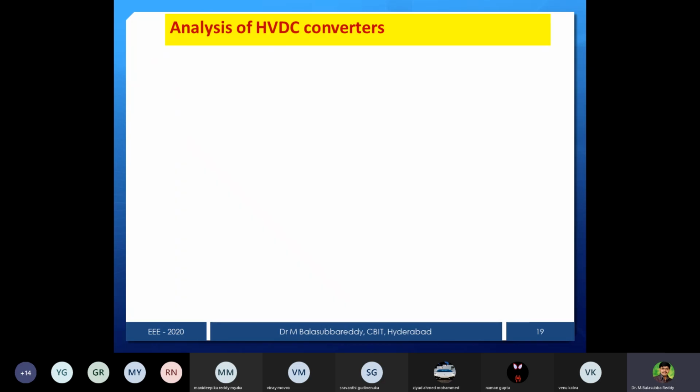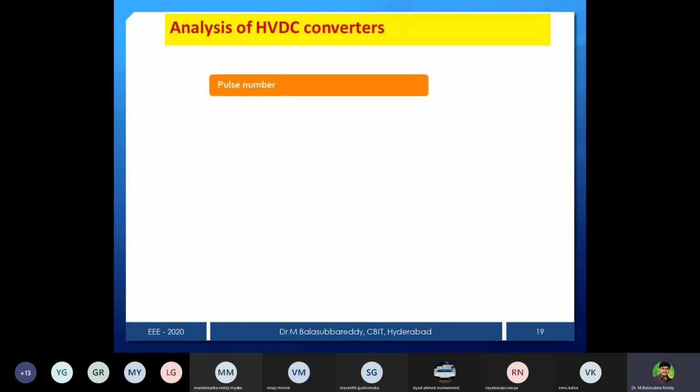Then another topic is the analysis of an HVDC converter. This is another topic, and in its subtopics we can go through one by one. Today we will discuss the previous discussion, that there are different kinds of configurations. Now we will see the analysis of the converter.